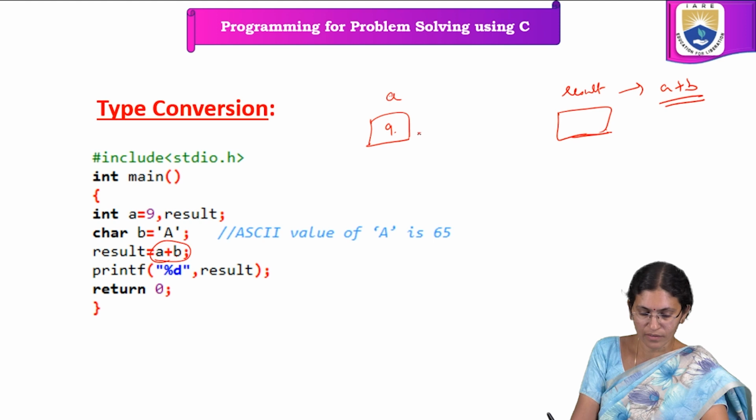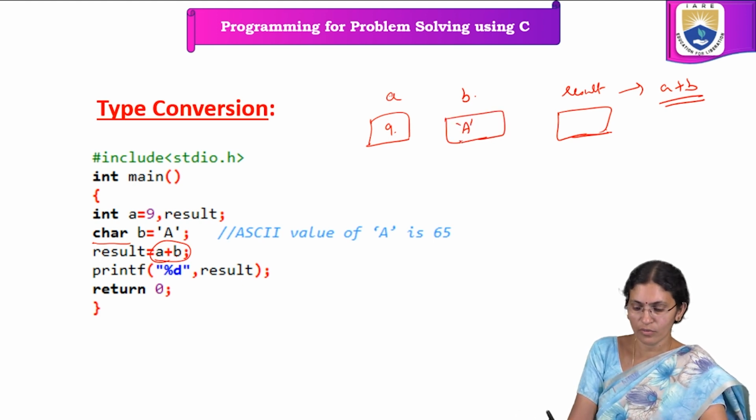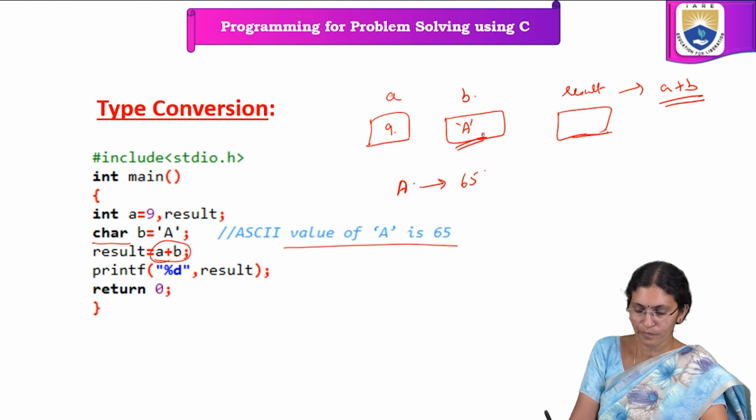Now we have taken another variable b belonging to char data type, character data type, so it will store a character. The value of b is 'A'. For each character there is a corresponding ASCII value, so what the compiler will do is use it. The ASCII value of 'A' is 65, and that will be assigned to b.